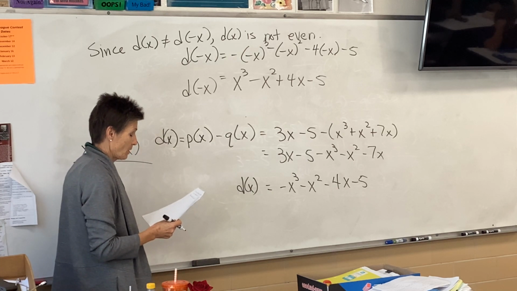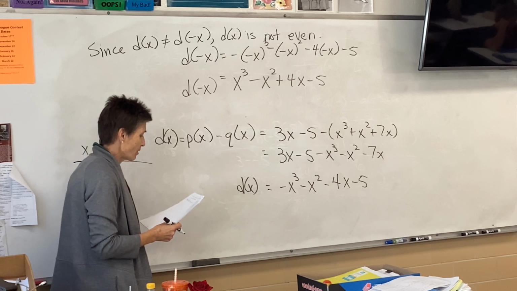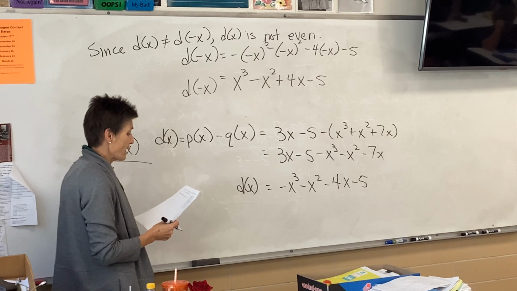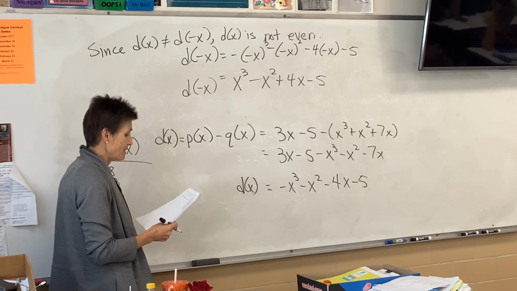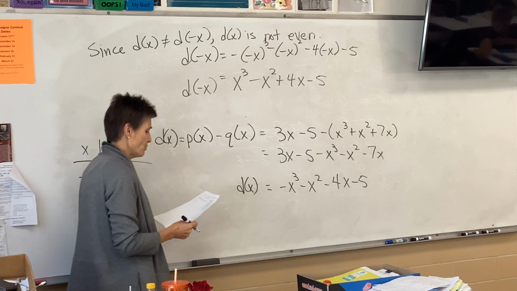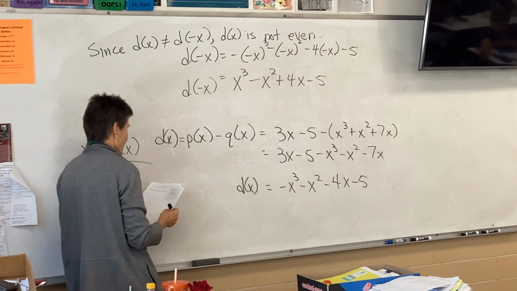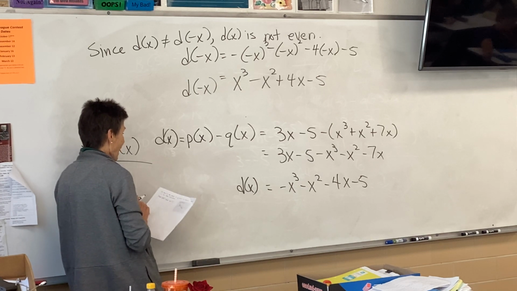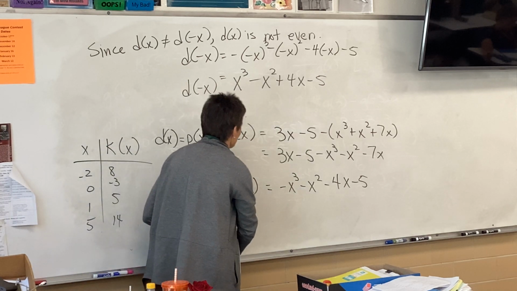Last one. Oh my, what's going on here? Part of the graph is shown. I know that m of x is an odd function. So I need to use whatever I've got here and figure out, that's only part of the graph, that isn't all of it, that's part of it. I have to find m of 5.